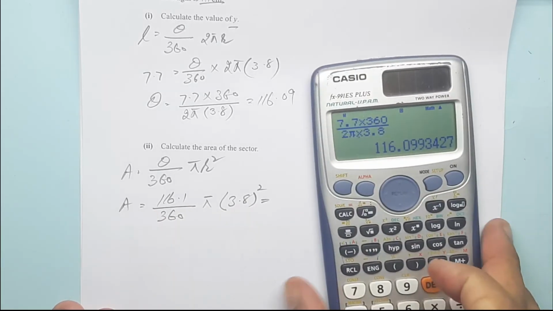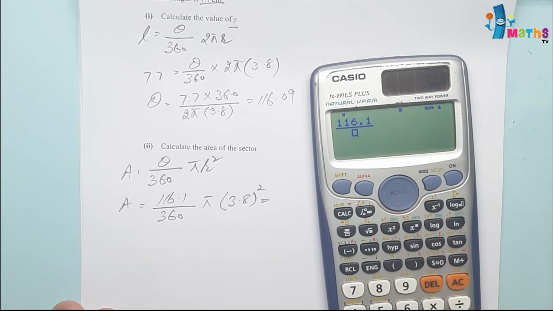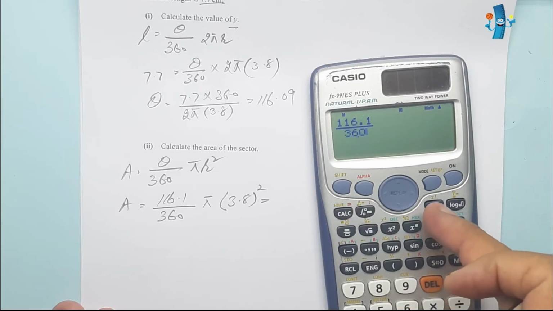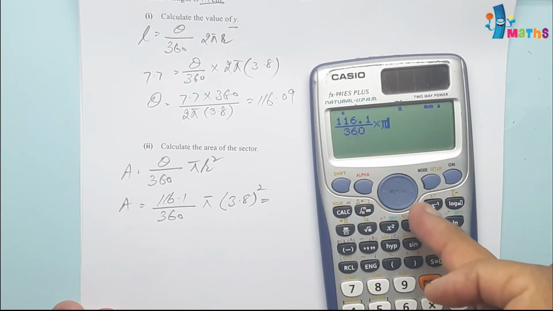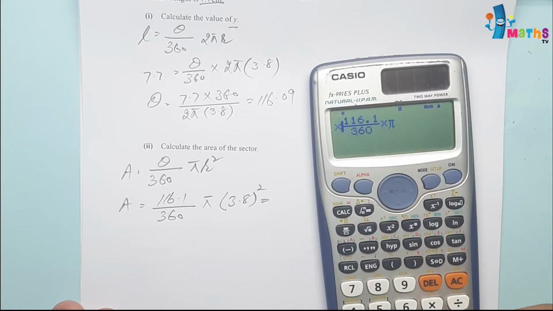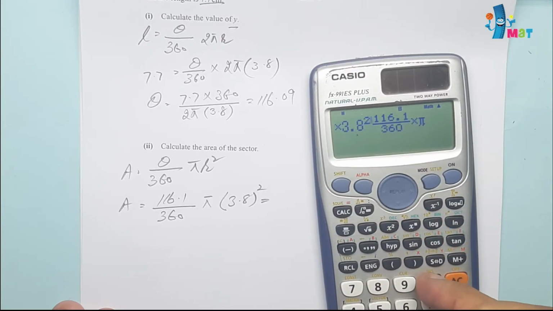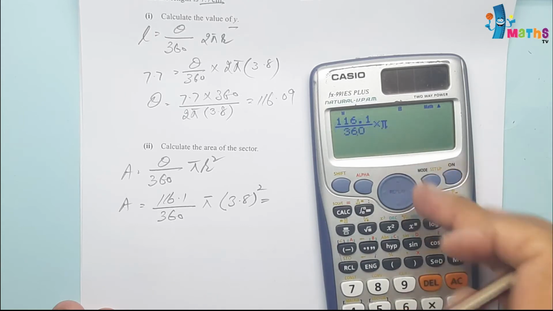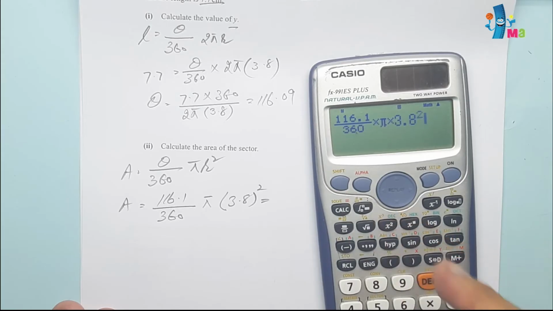We can calculate 116.1 divided by 360 multiplied by pi times 3.8 squared.